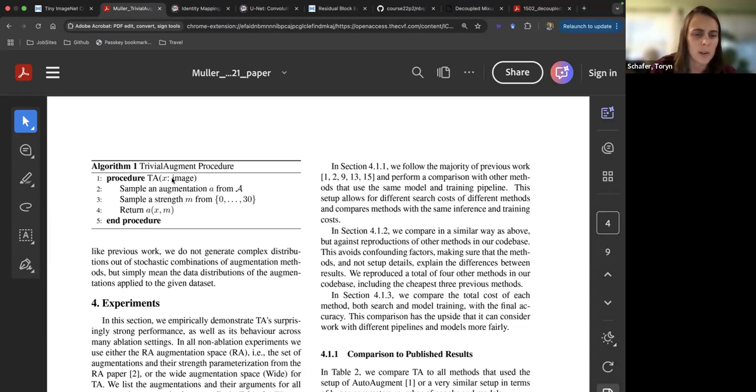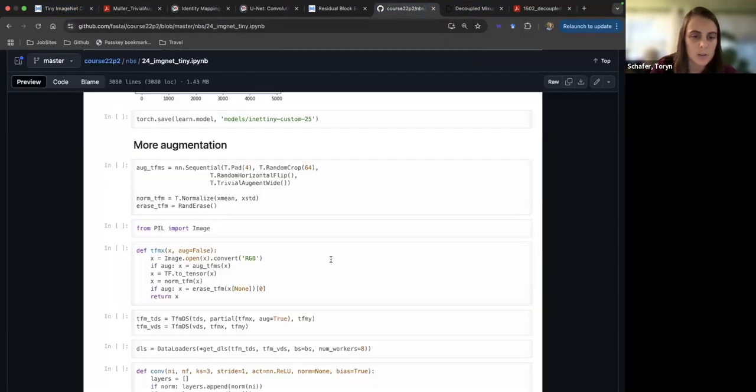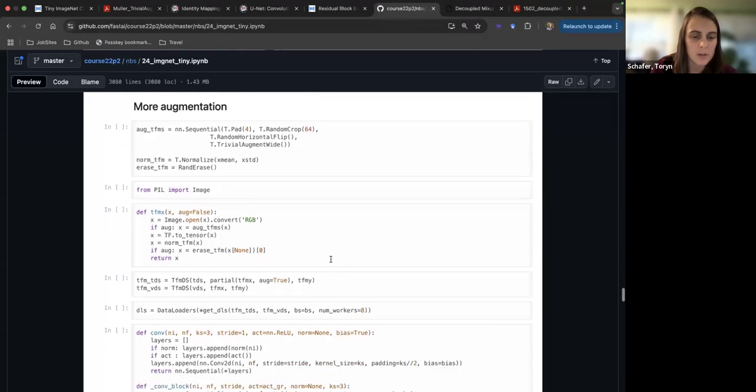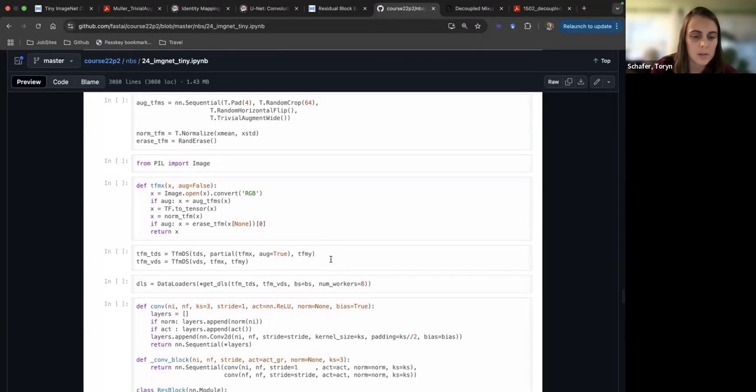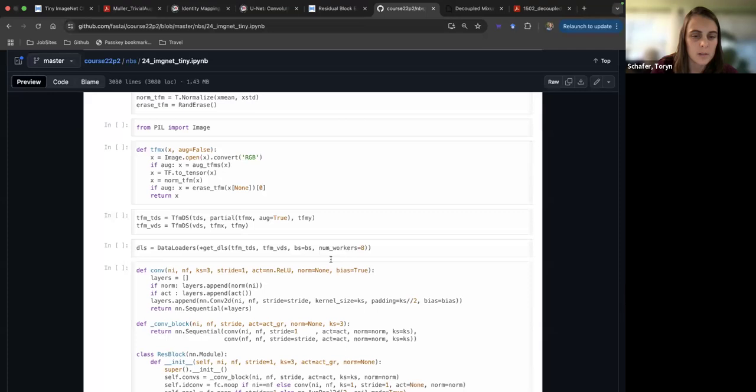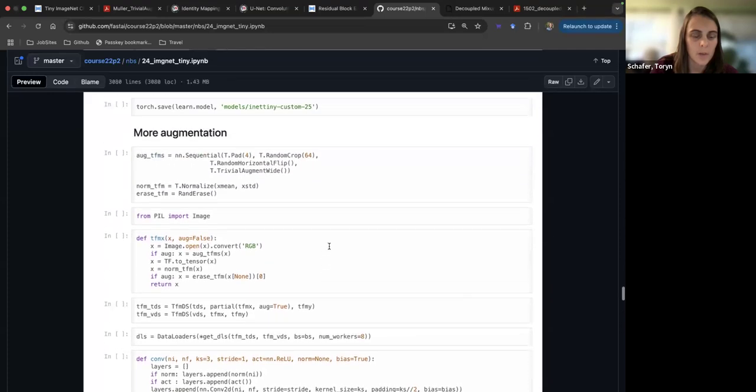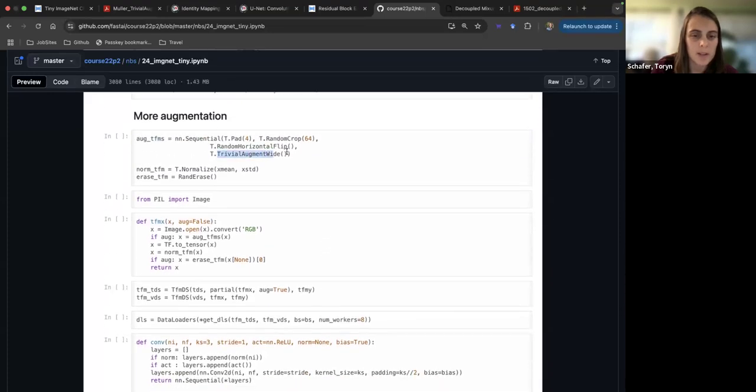And this algorithm is for the augmentation of an image, but I believe in the notebook, let's check. Is it still on the batches? But that's what this is, and he doesn't implement it himself. He just uses this trivial augment wide, I believe, from PyTorch. It was built into PyTorch, I think.